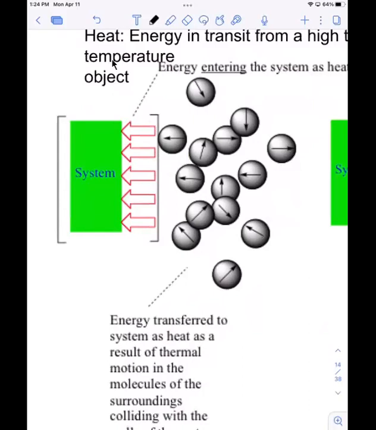But when that happens, the energy of that system is going to go up, right? So when I transfer energy into a system in the form of heat energy that's given off by the thermal energy, or the kinetic energy of a moving particle, then that's going to increase the energy of the system.